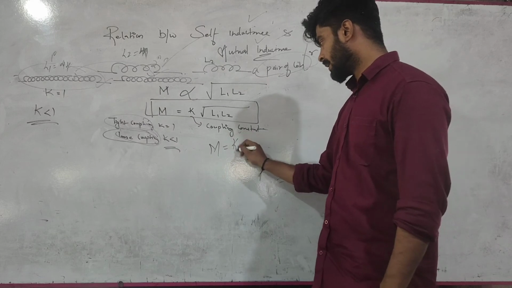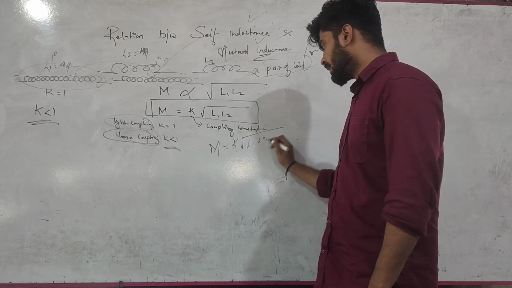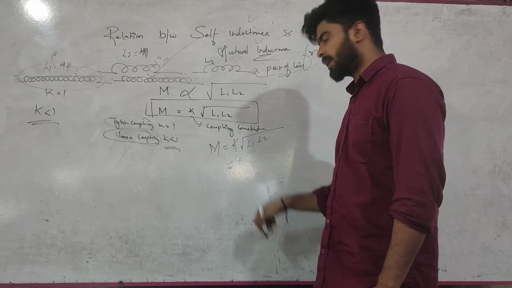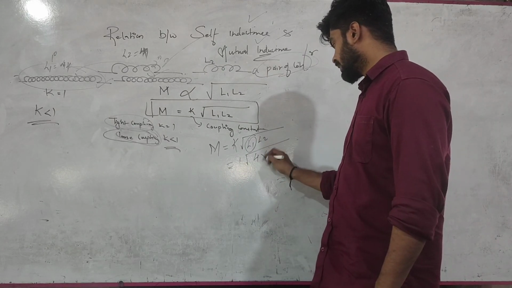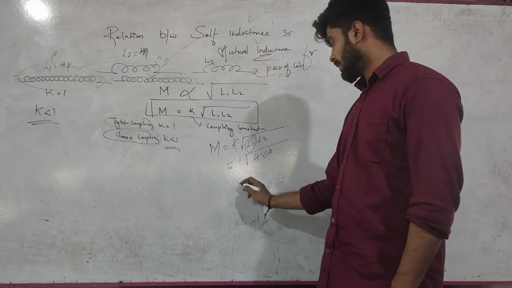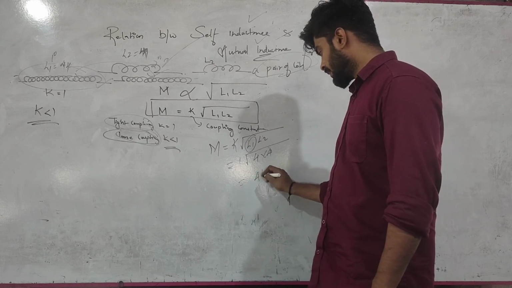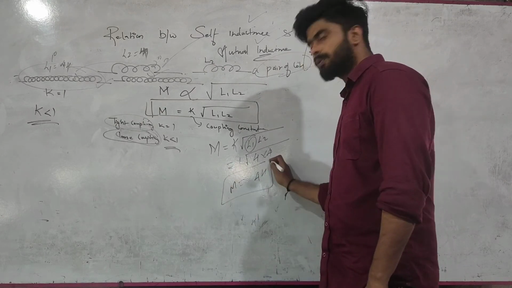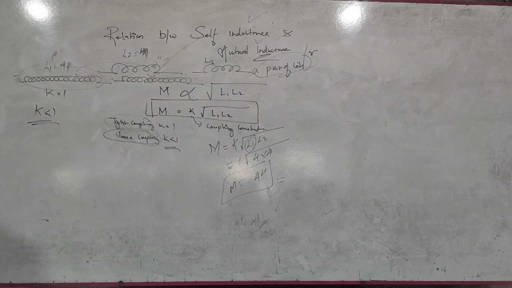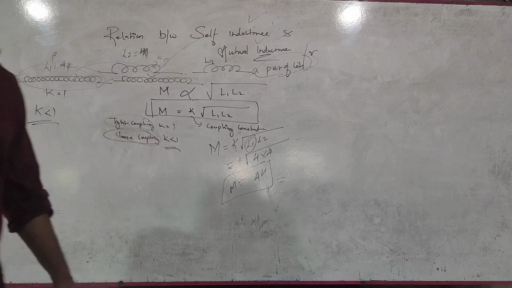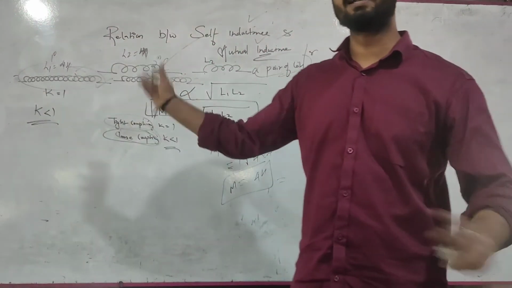It will be K under root L1 L2. What will be K? 1, since it is tight coupling, and under root L1 is 4, again L2 is 4. Root 16 is 4 Henry. So 4 Henry will be your mutual inductance. Is it clear? So this is how you find mutual inductance when self-inductances of the coils are given.